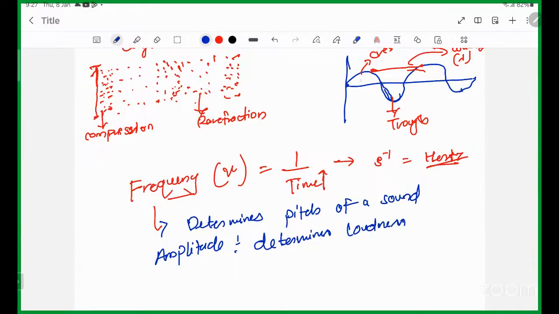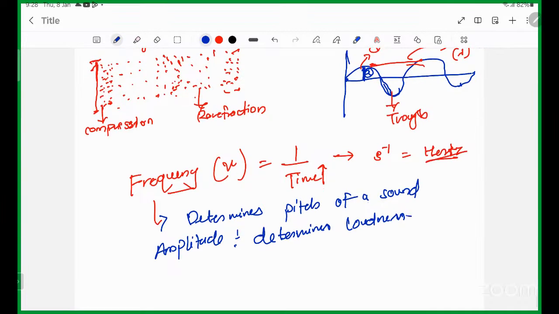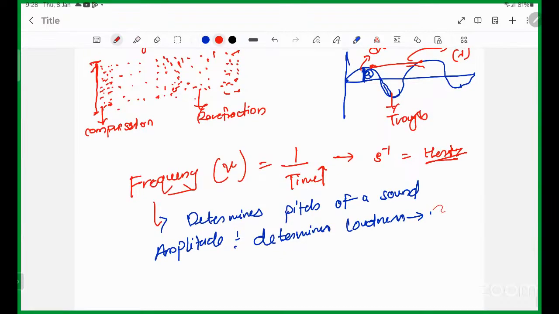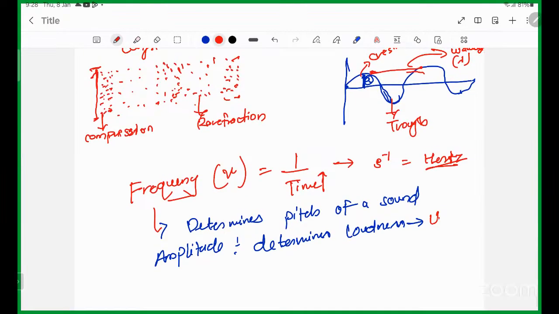The more it moves, this is called amplitude. The more it moves, the louder it will be. The unit we measure it in, like in a cricket stadium when a player hits a six, is decibel, that is, dB.